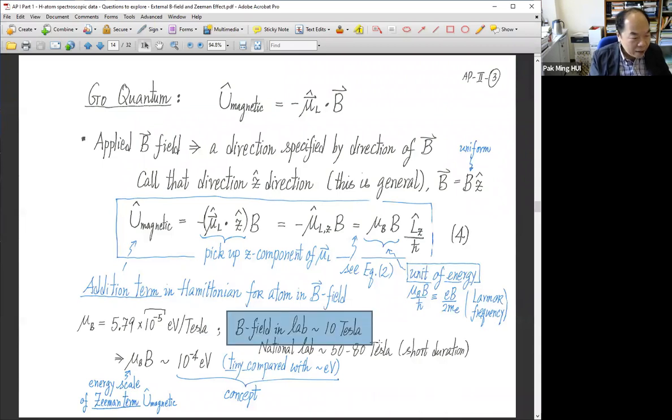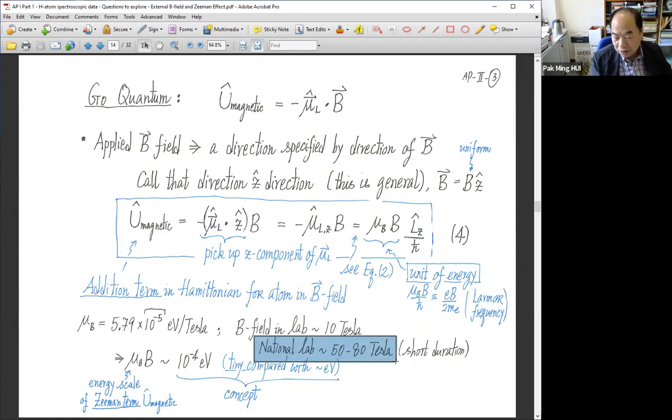If you can apply 10 tesla, it is a rather rich lab. It already costs you some money to buy that kind of magnet. For high field, you need to go to national laboratories that can provide something like several tens of tesla.